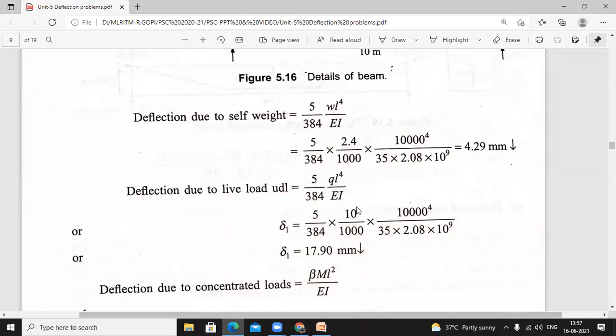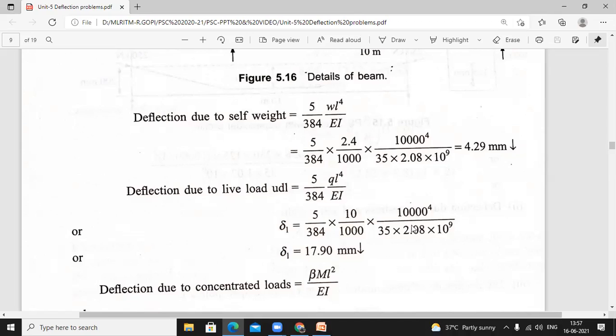So 10 divided by 1000, converted into kilonewton per mm. Multiply by 10,000 power 4 divided by E value 35 and I value 2.08 into 10 power 9. So two deflections we found. One is self weight, that means dead load deflection. Second one is UDL live load deflection.